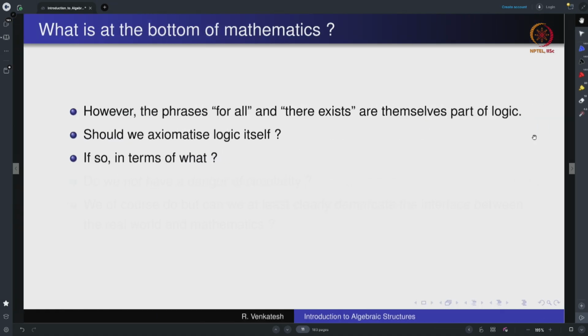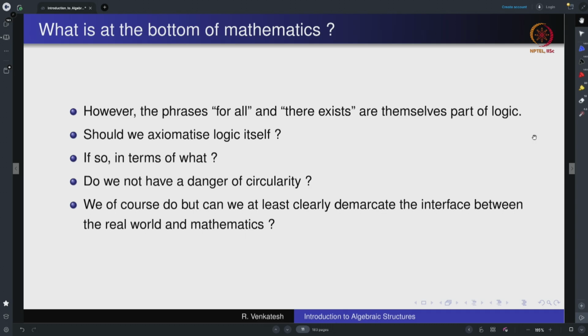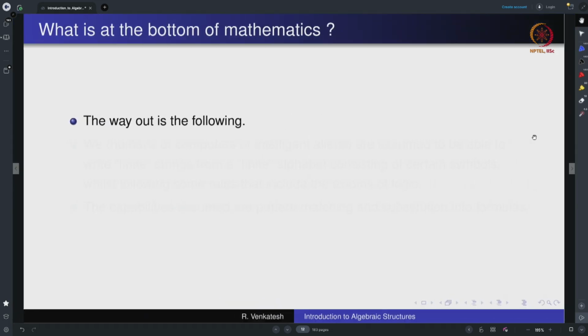If so, in terms of what? Do we not have a danger of circularity? We of course do, but can we at least clearly demarcate the interface between the real world and mathematics? We do not want to get into circular arguments. We want to make things very clear, and that is what we want to do in this course.